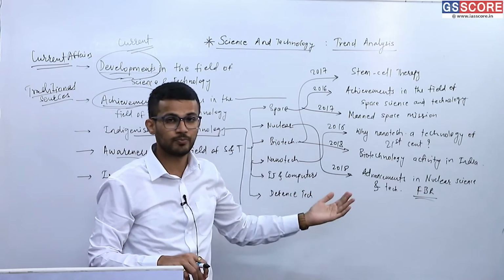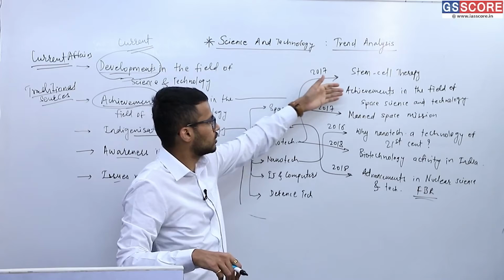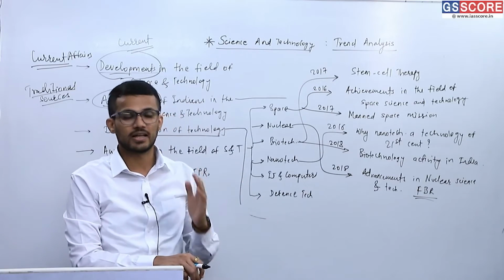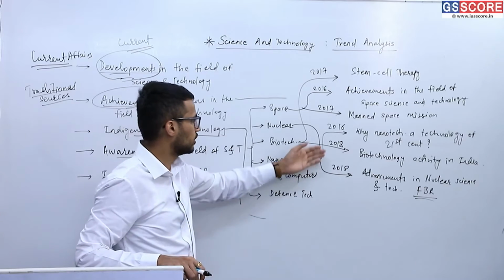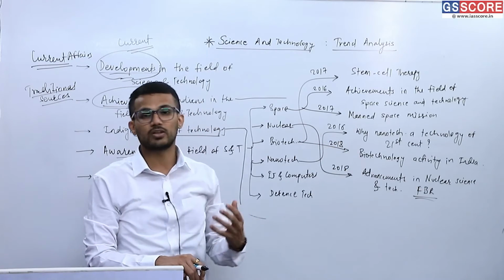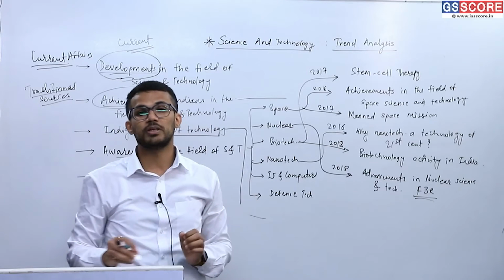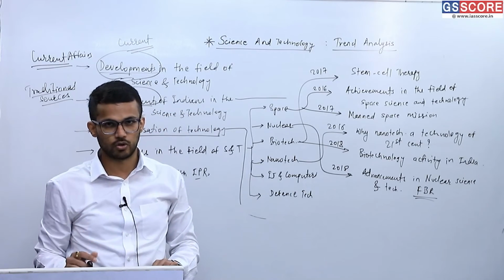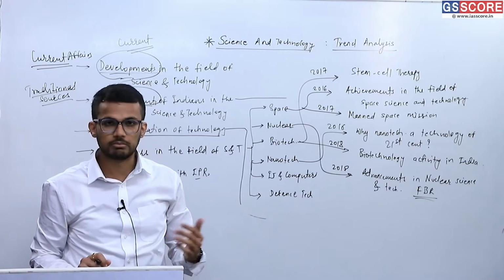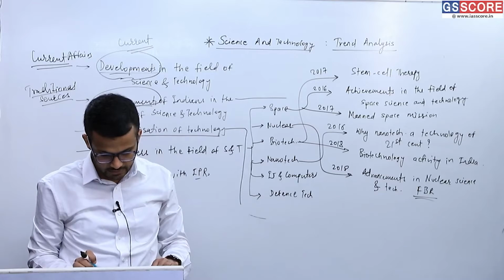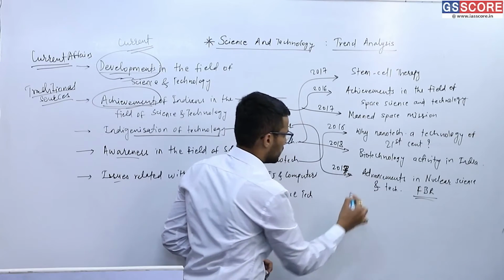But at the same time, questions are also asked from traditional topics, for example, achievements in the field of space science, advancements in nanoscience and technology, and advancements in biotechnology. All those are traditional questions and they have also been asked by UPSC in this topic. So that is about the question asked in 2017, not 2018, 2017.